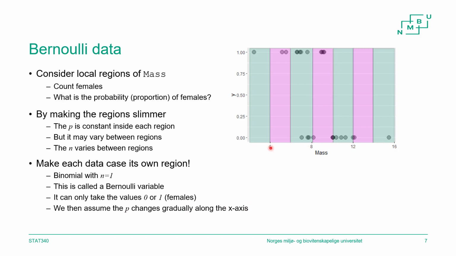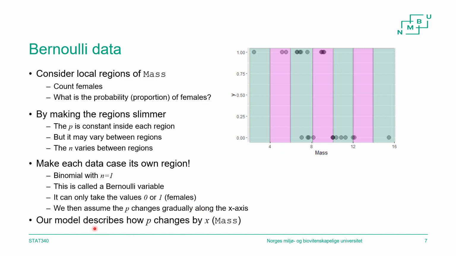So what we have achieved by this reasoning is that instead of modeling the categorical variable as a function of this predictor, we model the binomial probability or Bernoulli probability as a function of this mass or any other predictor we may have, x, right?